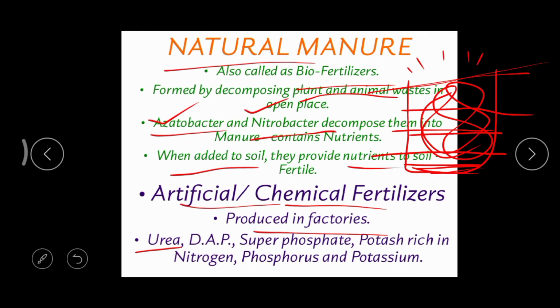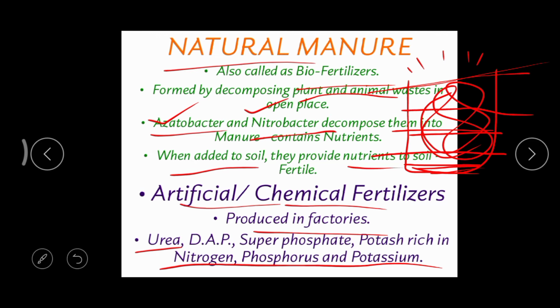So these are the different types of chemical fertilizers that are available in the market, and they contain different quantities of nitrogen, phosphorus, and potassium. I told you already, in all these fertilizers we can find only three components, only three nutrients. What are they? Yes, nitrogen, phosphorus, and potassium. Correct.